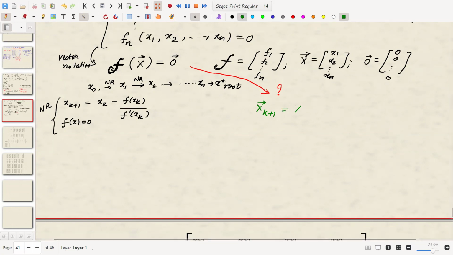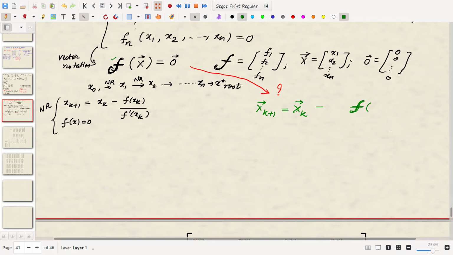And this equals the vector xk as usual, but it's a vector. Minus, any ideas? Of course, there will be the stylish looking F which we have drawn here.